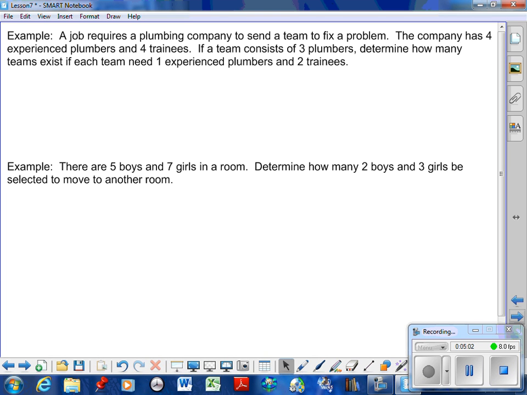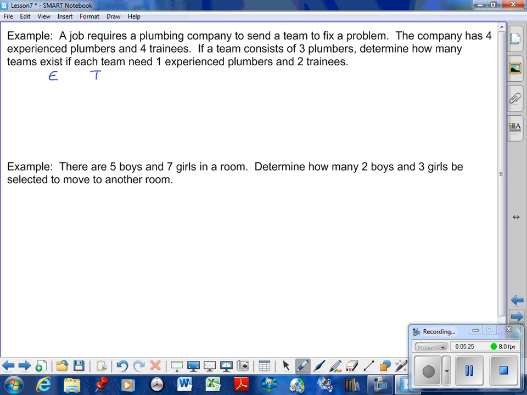So, complicated question. I'm jumping into your upper-end combination question, but the order doesn't matter. It doesn't matter which plumber is selected, but the bottom line here is I'm going to go with experienced and trainees, and I'm going to use the stacked combination notation.